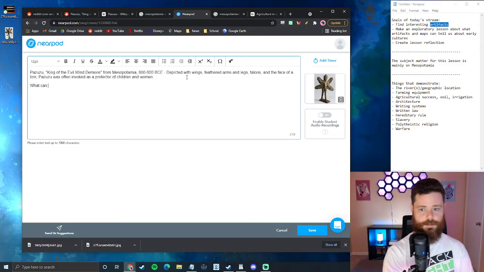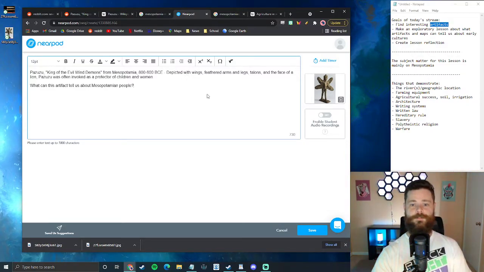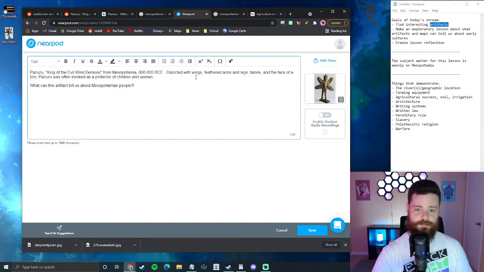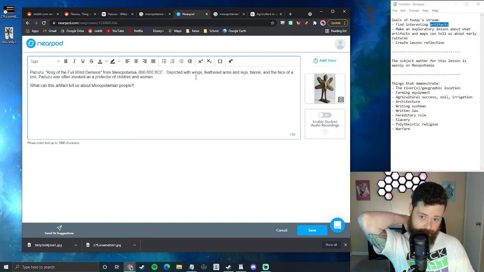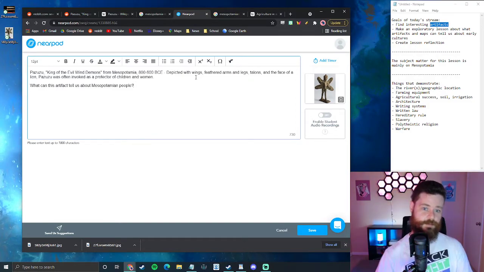What can this artifact tell us about Mesopotamian people? Okay. Depicted with wings, feathered arms and legs, talons, and the face of a lion. So what can this artifact tell us about Mesopotamian people?